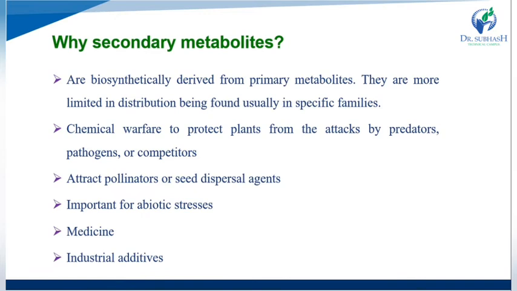They act as chemical warfare to protect the plant from attack by predators, pathogens or competitors. They attract pollinators or seed dispersal agents, are important for abiotic stress, and are used as medicines and industrial additives. These all are the reasons why secondary metabolites are required.